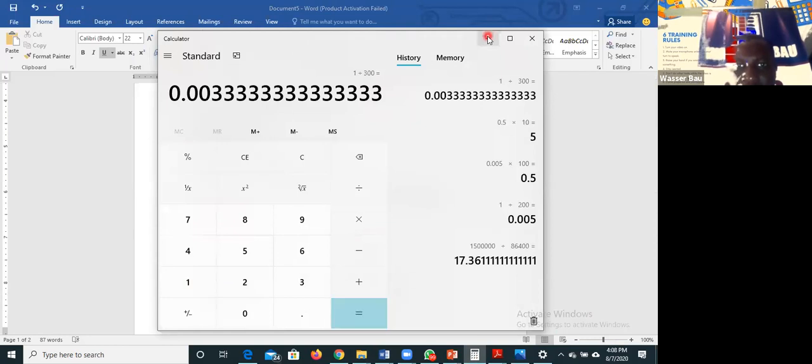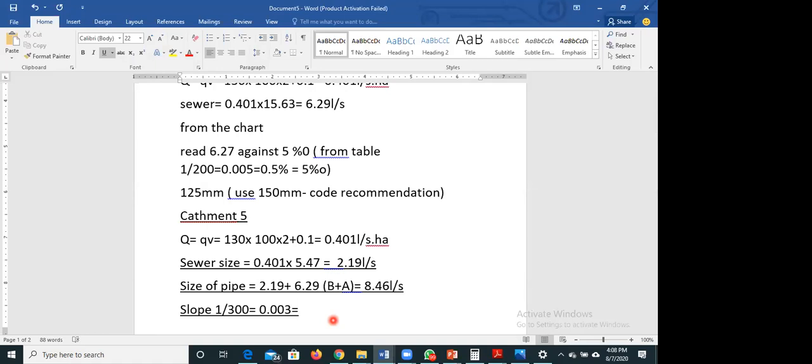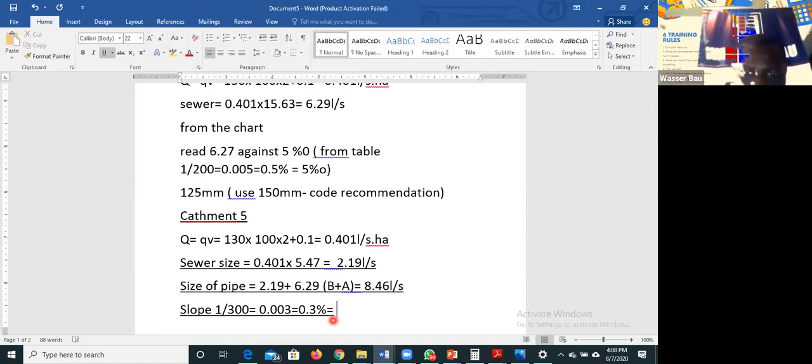I guess you know what that means. So the slope is 0.003, which in percentage is 0.3%. From our chart, that will give you 3 per mil.